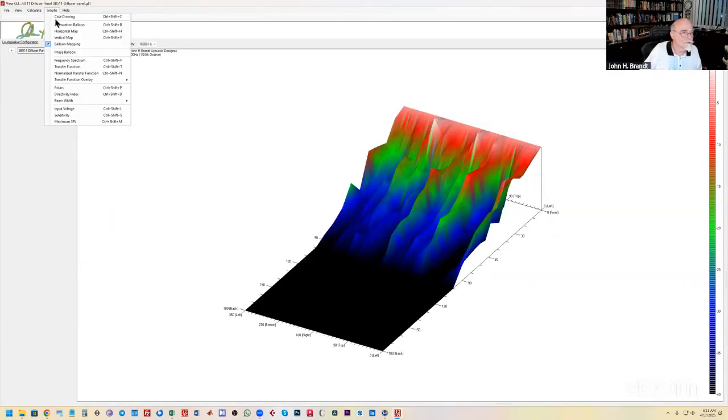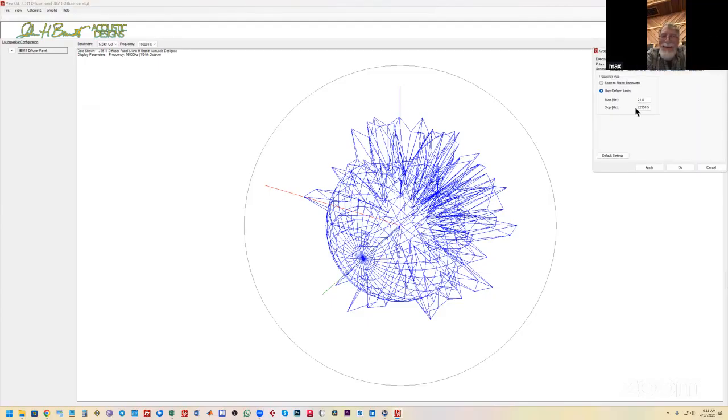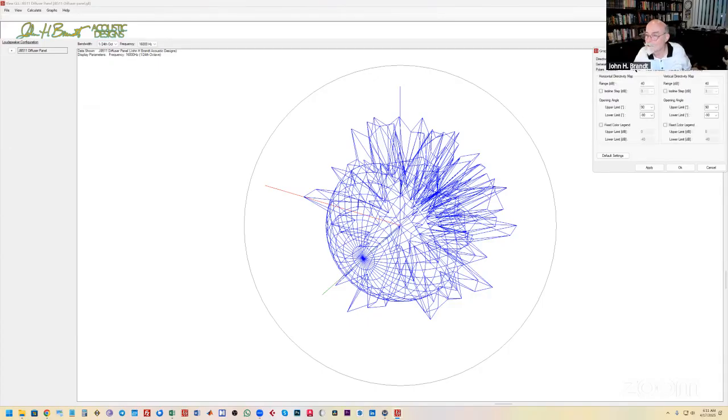No, it's not what I want to see. I really like this phase balloon. Is there a way to spin this around? I've done it before. Wait a minute. There must be graph options. There it is. That's what I missed. Okay. User define limit scale. Directivity maps.